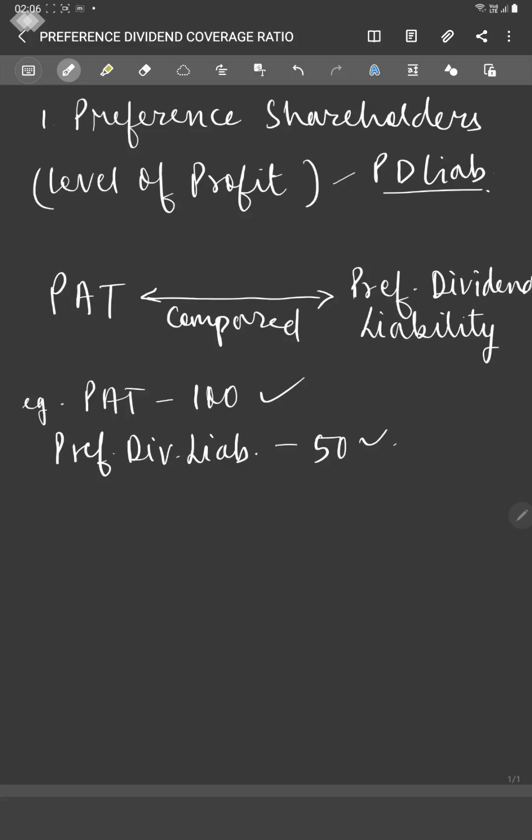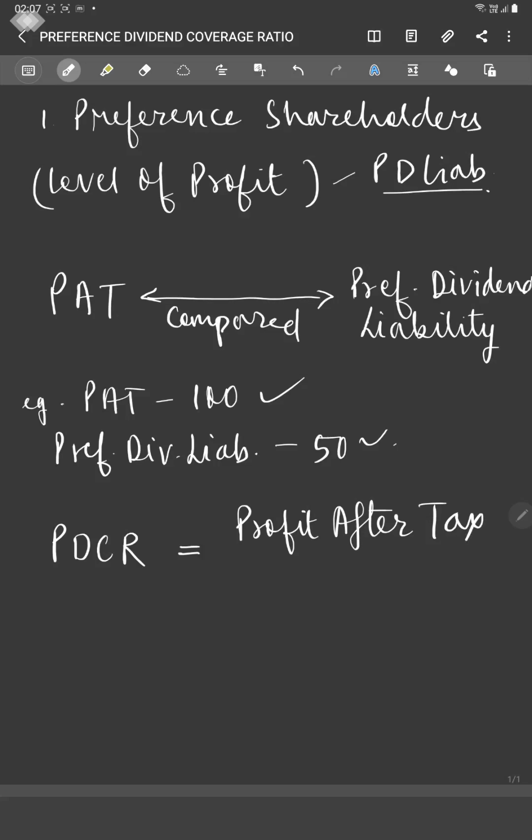This leads us to a formula wherein we can write that preference dividend coverage ratio, PDCR, is nothing but profit after tax divided by preference dividend liability.